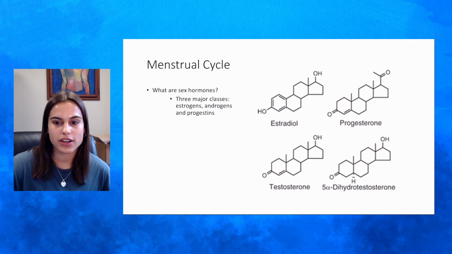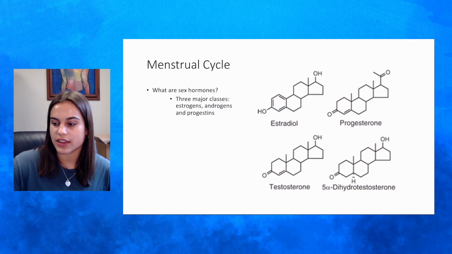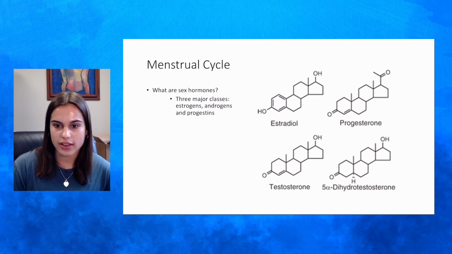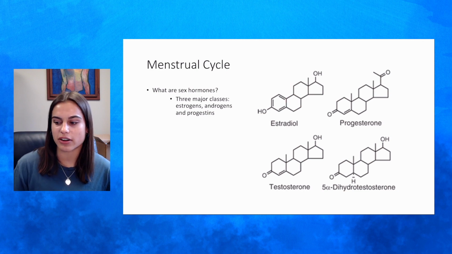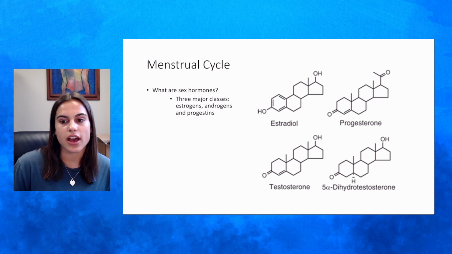So the four sex hormones that are on the screen are the backbones that are modified by contraceptives. So estradiol here is the most potent, and when I say potent, I mean the most powerful or has the greatest effect. So estradiol is the most potent endogenous estrogen.